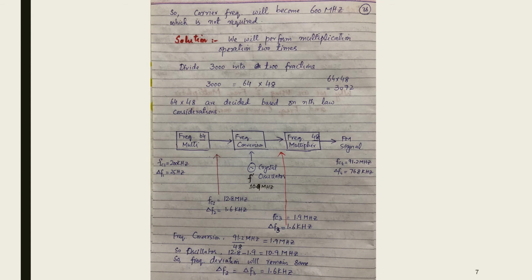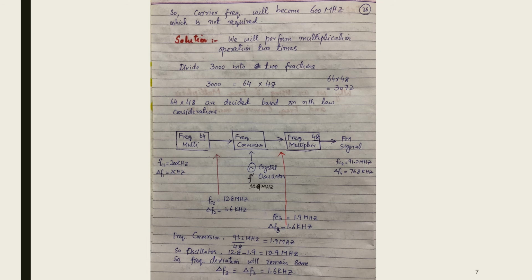So the solution is that instead of performing the multiplication in one step, we perform this operation in two steps. We can divide this 3000 into 64 times 48, and we are using these numbers based on nth law consideration.